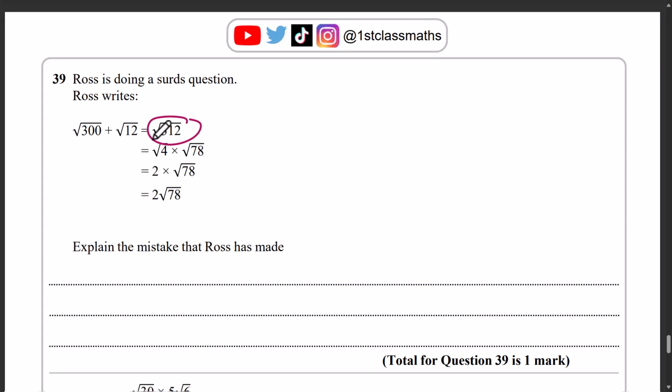So you can say one mistake he made was adding root 300 plus root 12 to make root 312. No, you don't add it that way. You have to simplify each number in the results, and see if they have any similarities. And if they do, probably you can do some adding. But if they don't have similar sorts, you don't add.